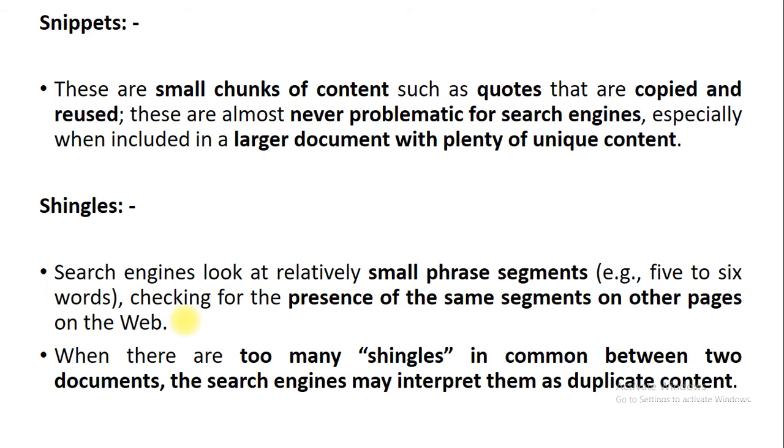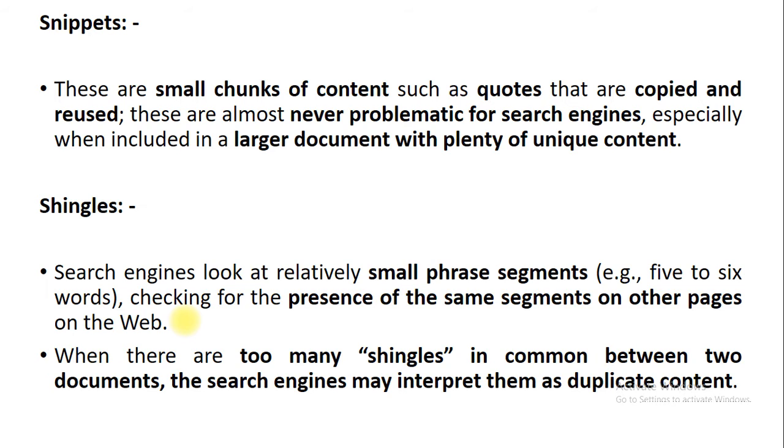Singles means what? It is again a small phrase segment. Generally it is referred to as 5 to 6 words, and it checks the presence of the same segment on other pages or on the web.